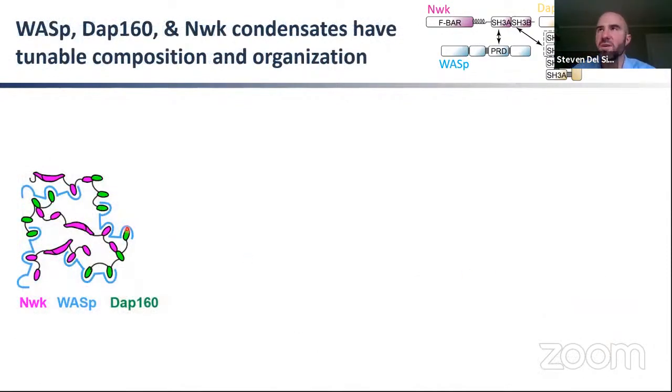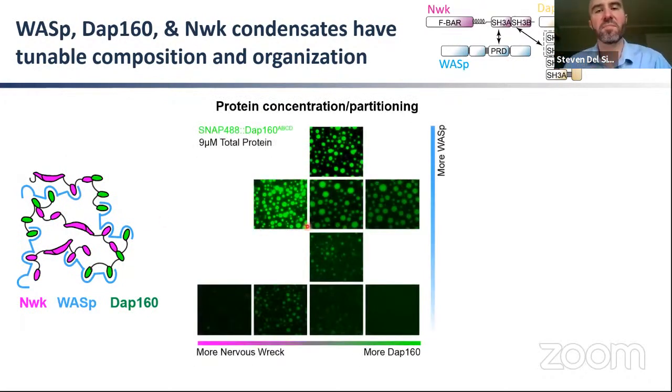And so what I found so far is if we just take the protein-protein interactions, which can form these sorts of dense interconnected meshes, protein interaction networks, the first feature is that depending on the relative concentration, we can see really interesting differences in the condensates that form. So this is a titration of the stoichiometries of these different proteins.